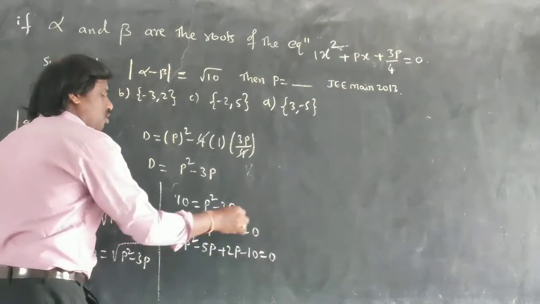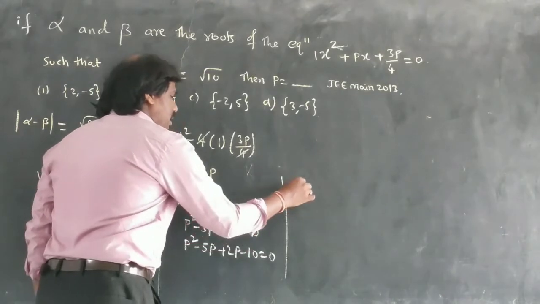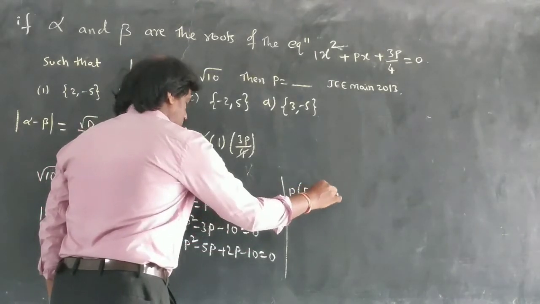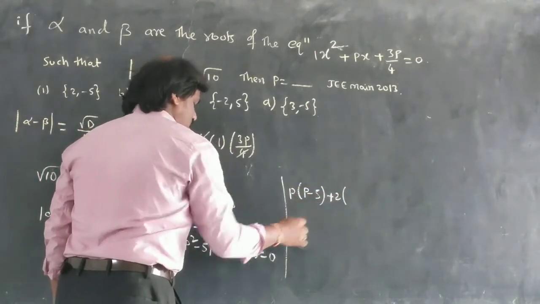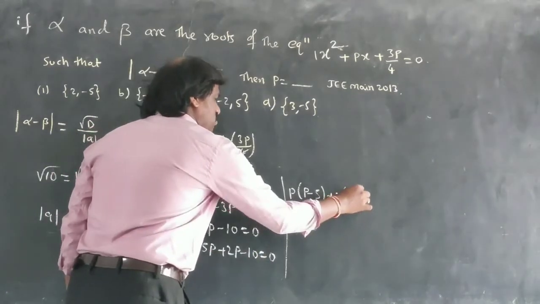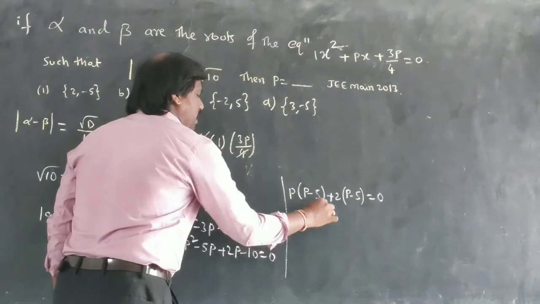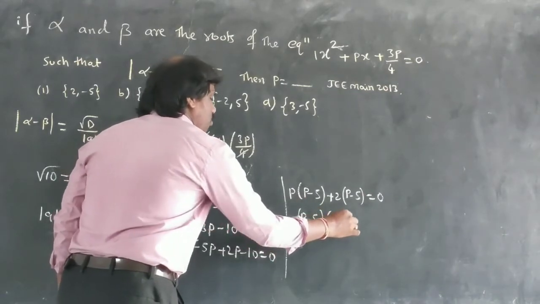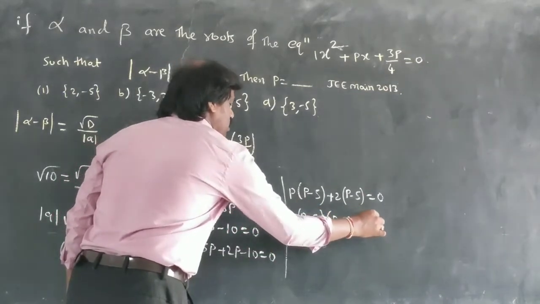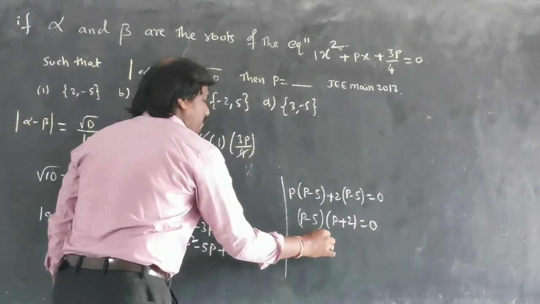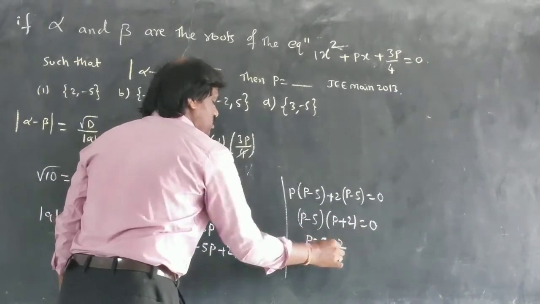If I take p common, I get p minus 5, and taking 2 common, p minus 5. So p minus 5 is common, and p minus 5 into p plus 2 is equal to 0. So you get p value 5, comma, minus 2.